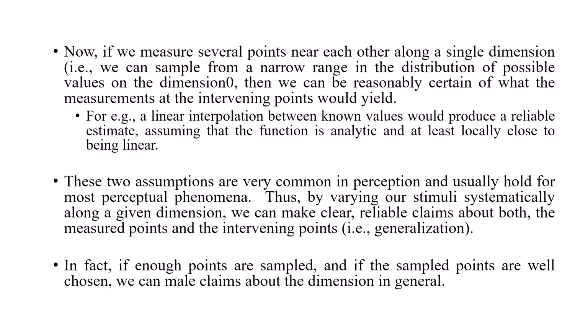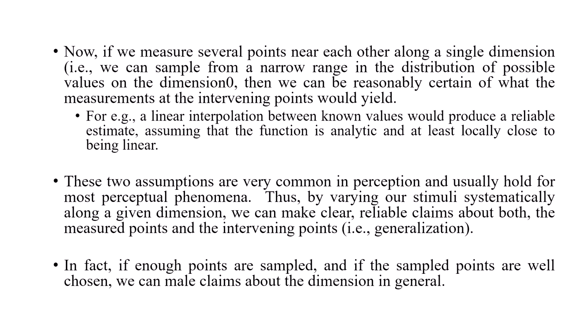Let us see. If you measure several points near each other along a single dimension, let us say we can sample from a narrow range in the distribution of all possible values on the dimension, imaginary dimension 0, then we can be reasonably certain of what the values at the intervening points would be.